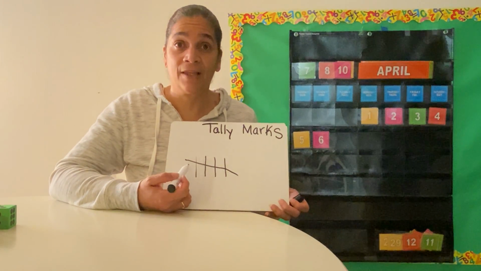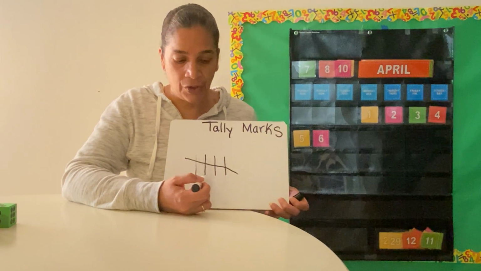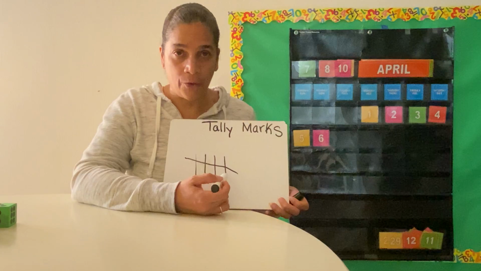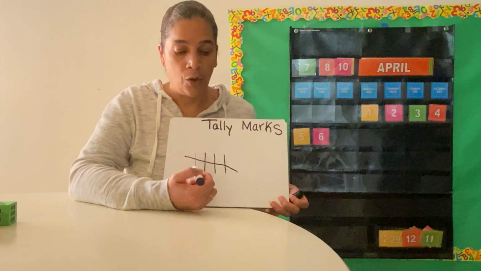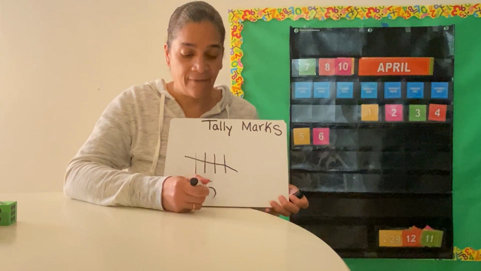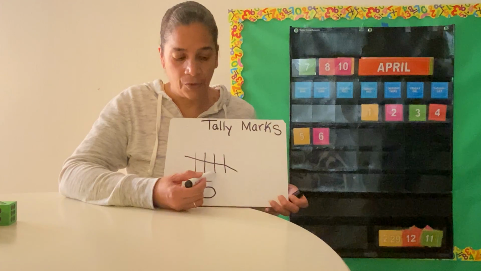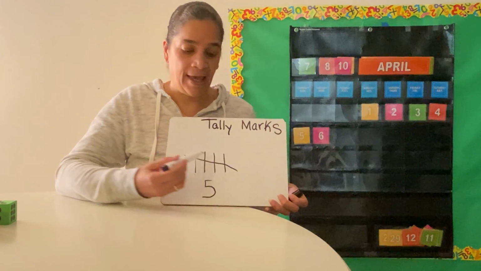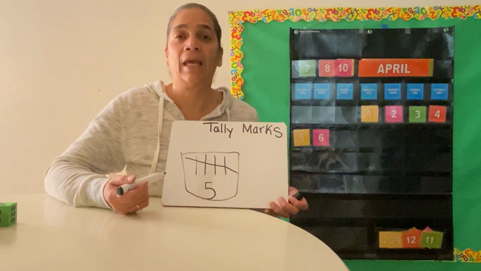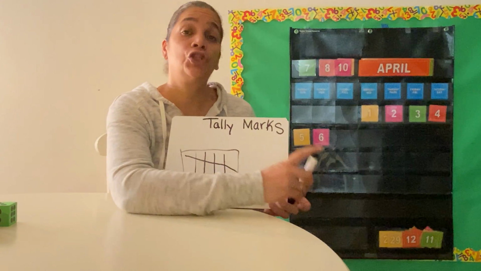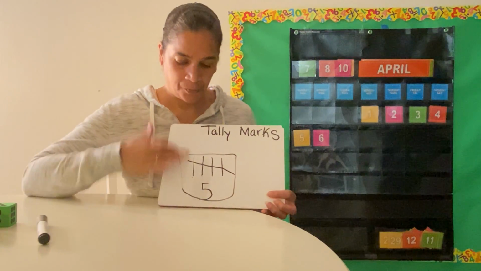That is the 5th tree. So when we see 1, 2, 3, 4 straight lines and a diagonal line, the number is 5. So let's count 1, 2, 3, 4, and 5. So that is a way that we show the number 5 when we tally.